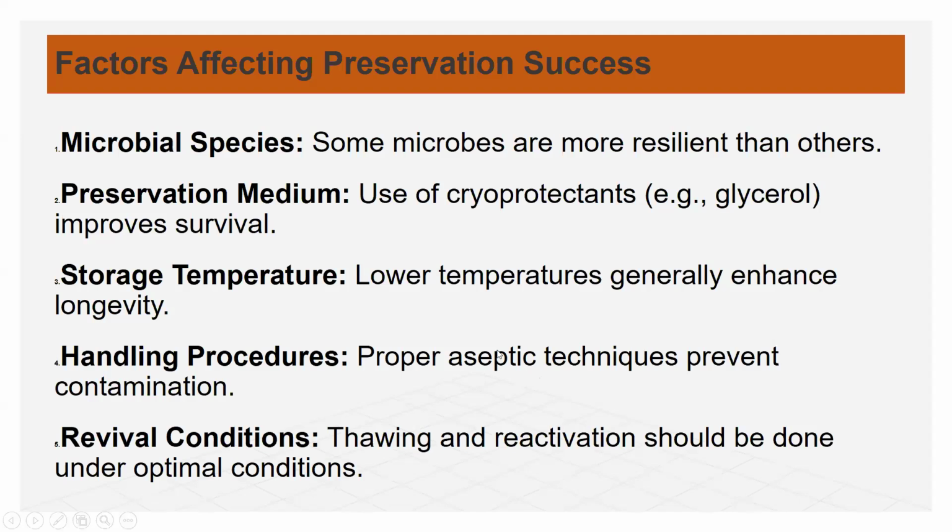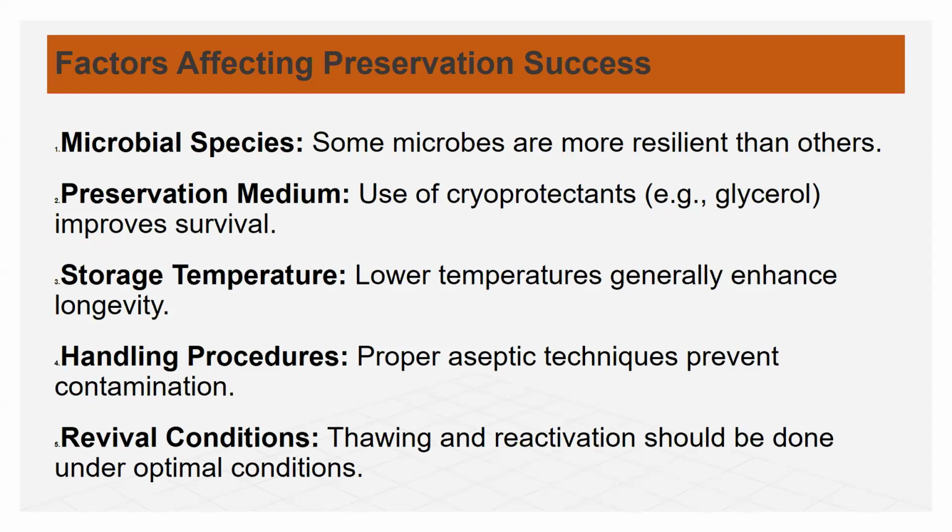All right, so what are the factors that may affect the success of your preservation in the lab? Microbial species: some microorganisms are more resilient than others. Some, once you take them out of their natural environment, don't take long to die.